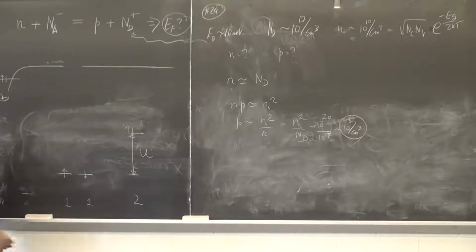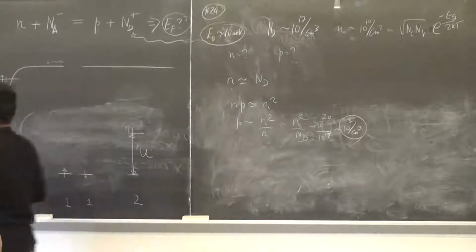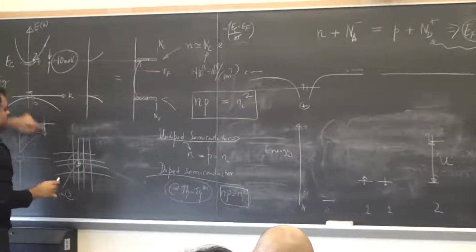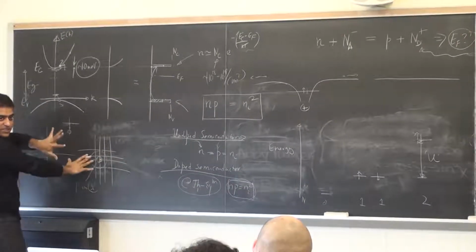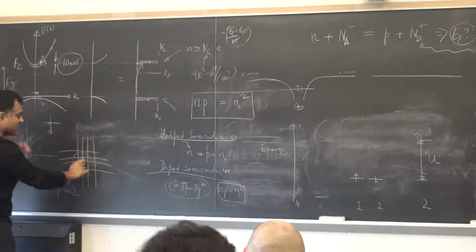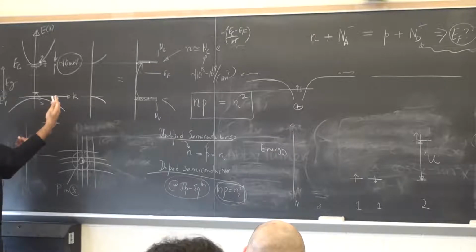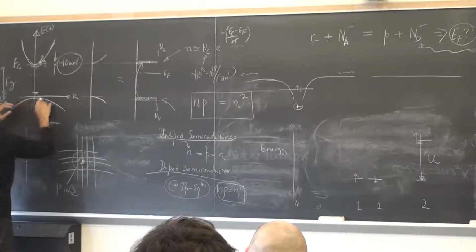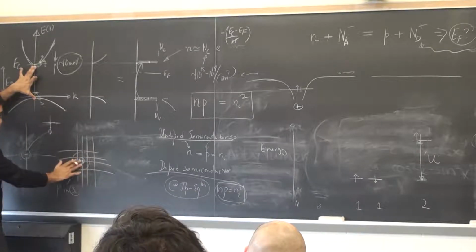What does ED represent? Oh, ED. This is the donor activation energy, meaning when I put the phosphorus atom or the donor atom in, the donor atom is not a silicon atom in this crystal. It's an atom which has one extra electron, so it's from group 5, for example. So one extra electron means that in these bands are all the electron states of the silicon crystal, assuming that there were silicon atoms everywhere.